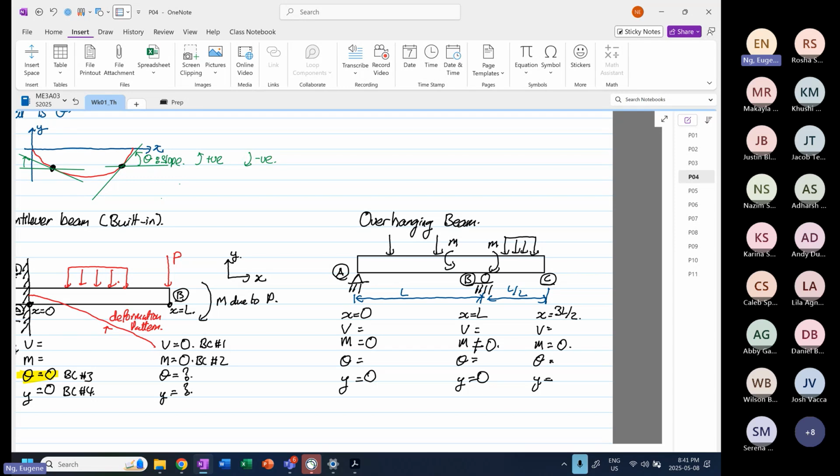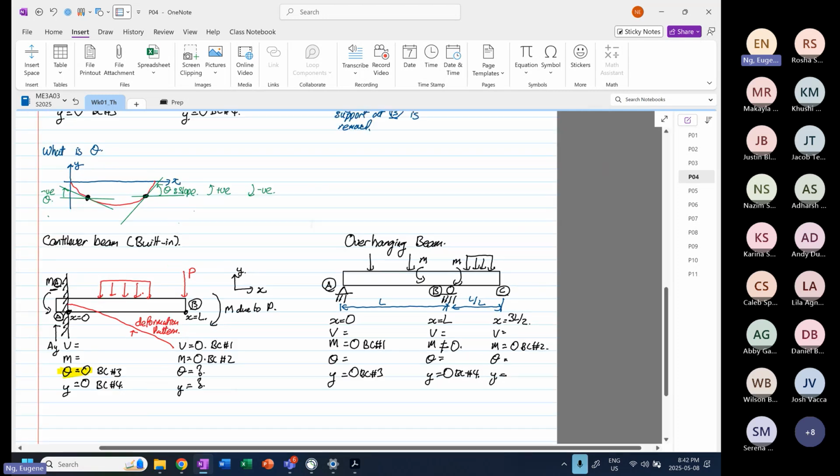So again we know boundary condition number 1, number 2, number 3, and number 4. Overhanging beam is slightly more complicated, and we need to create an extra boundary condition, which I'll show you later.